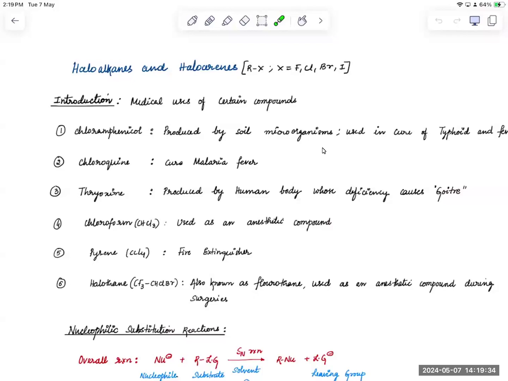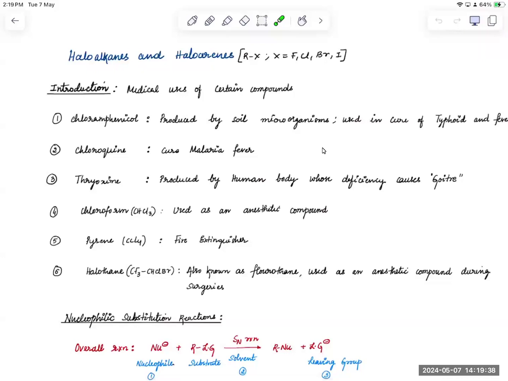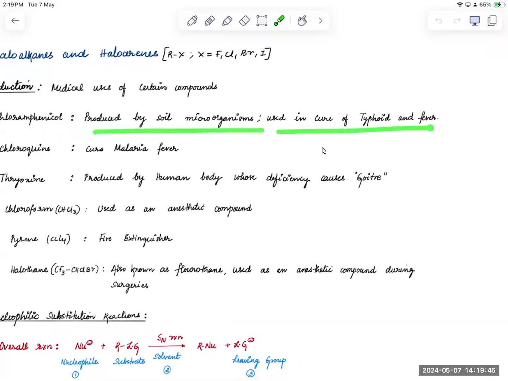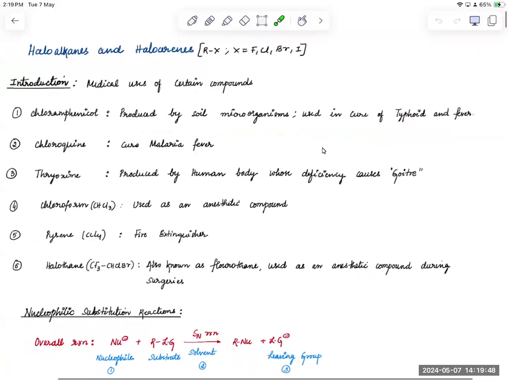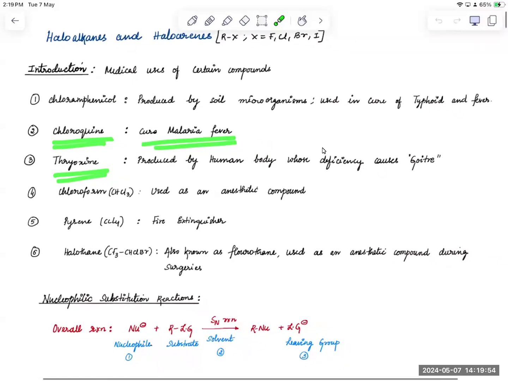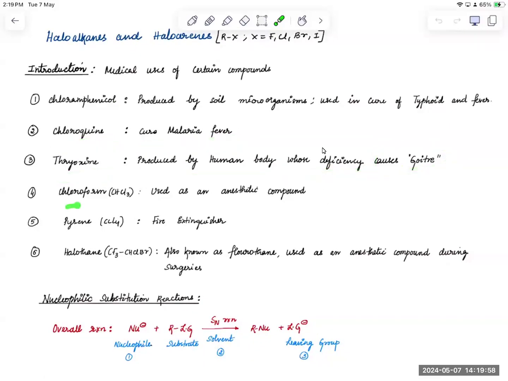Okay. A few important points that you need to know are the medical uses of certain compounds. Chloramphenicol is produced by soil microorganisms and used in curing typhoid fever. Chloroquine is used for malaria fever. Thyroxine is produced by the human body, whose deficiency causes goiter.